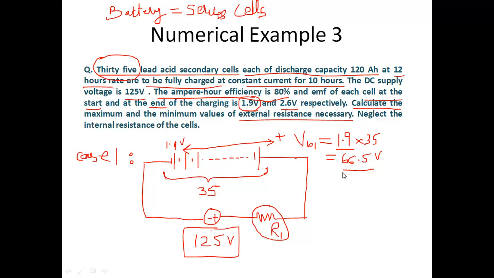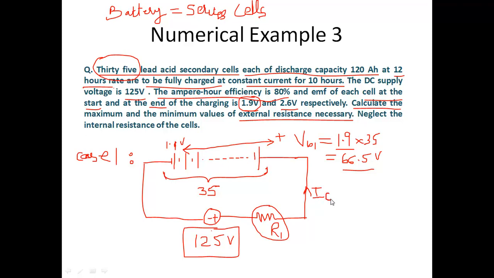At the end of the charging period, when the battery terminal voltage rises to 2.6 per cell, the opposing voltage will be higher, therefore we will require a lower value of the external resistance. But in both the cases, the charging current has to be the same or constant.